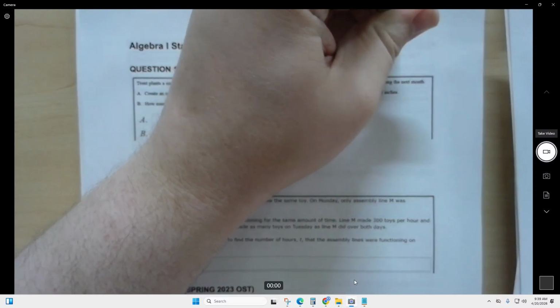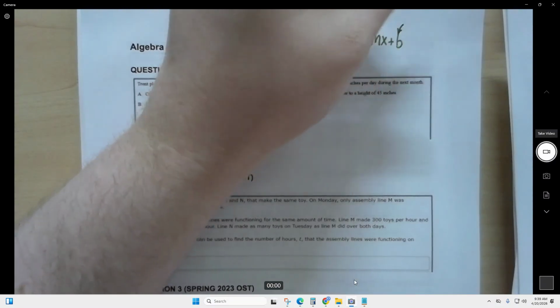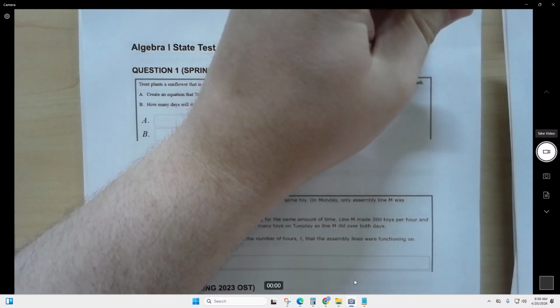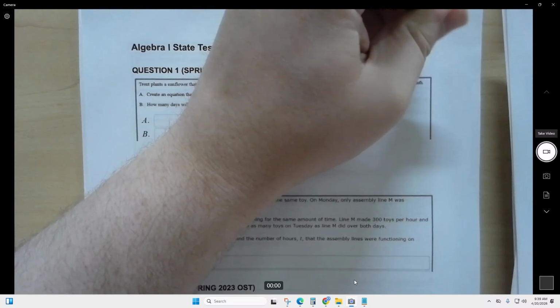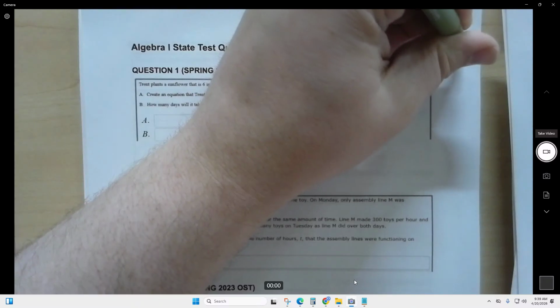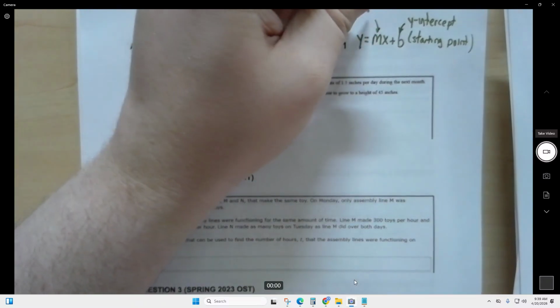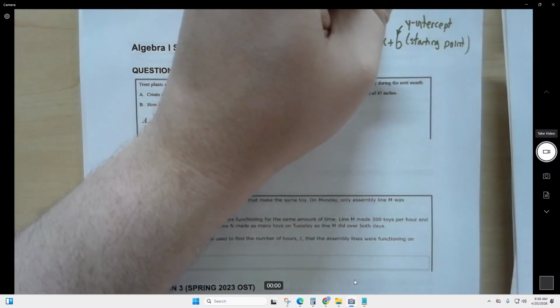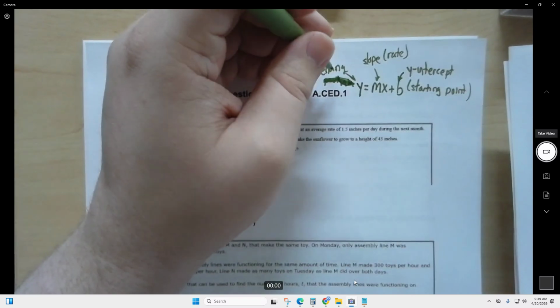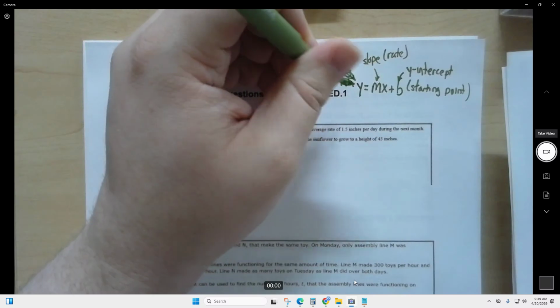Remember, your linear equations are in the form of y equals mx plus b. b represents what we call the y-intercept, which represents essentially your starting point. m represents the slope or the rate. y represents your ending value, in the case of after you put in something for x, what will your value be?